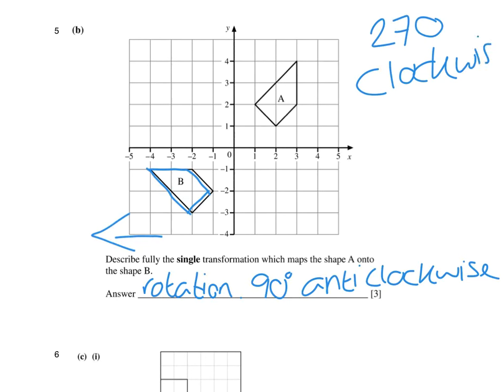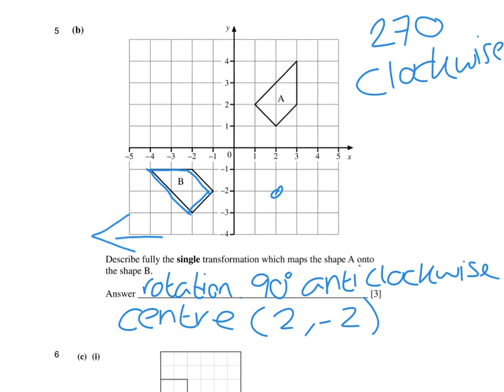So either a quarter turn back or 3/4 turn forward. And the centre of rotation that we found there was 2, minus 2. So centre, 2, minus 2. So that is 1 mark for the word rotation, 1 mark for 90 degrees anti-clockwise, and the final mark for the centre of 2, minus 2.